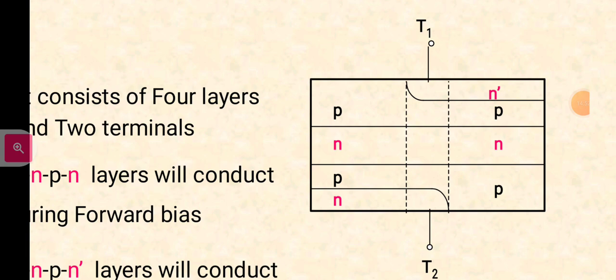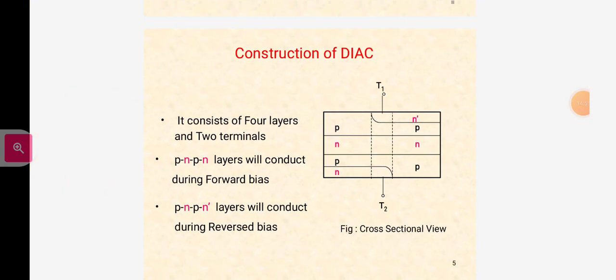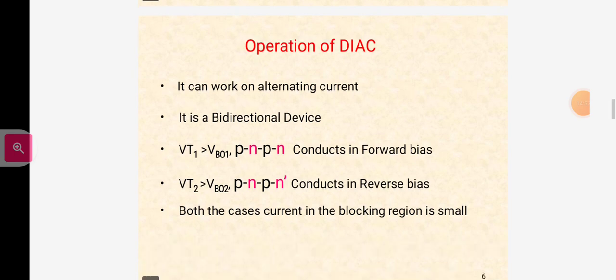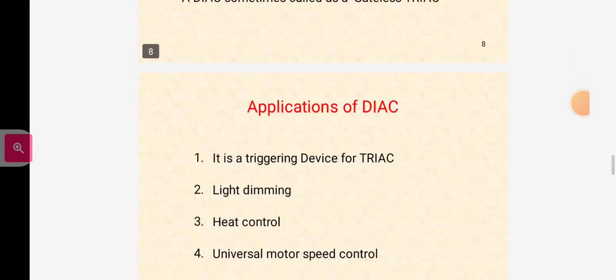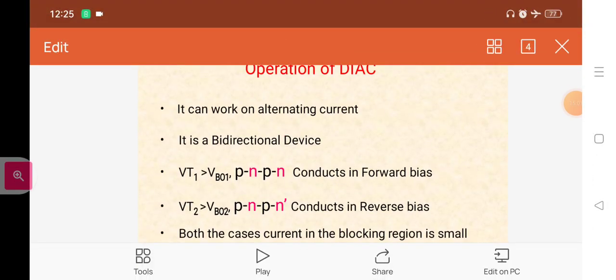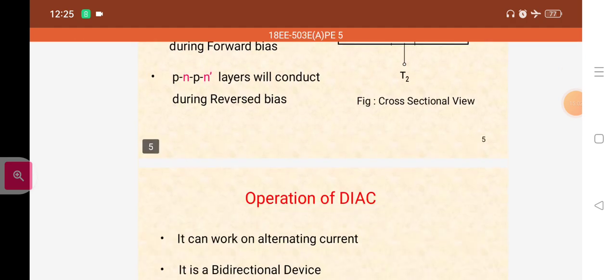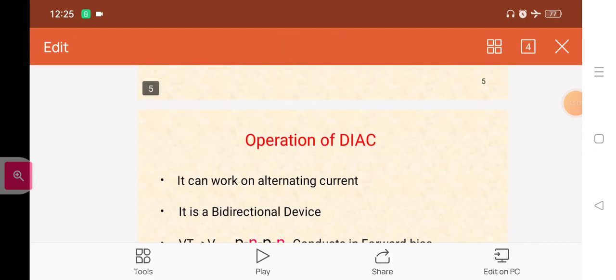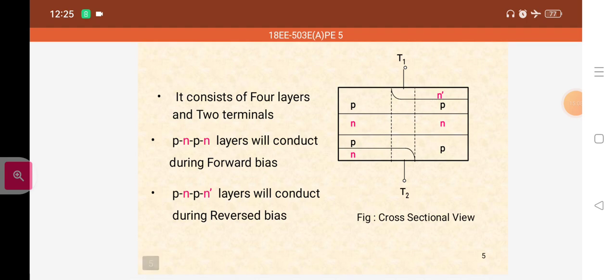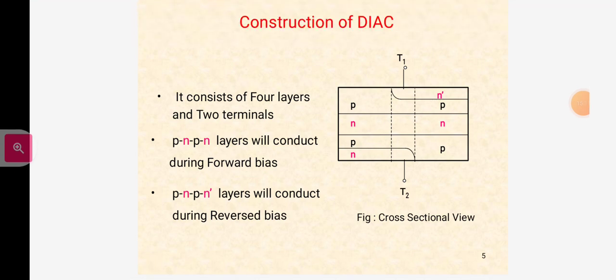The symbol of diac is shown in the next figure. We discussed these symbols in the last class. In this diagram it has PNPN and N dash PNP. So here it consists of 4 layers and 2 terminals.